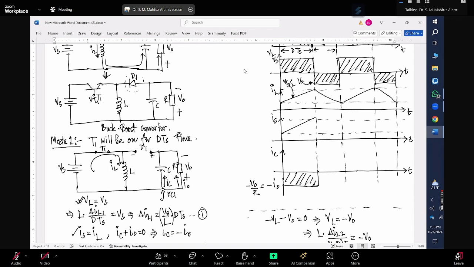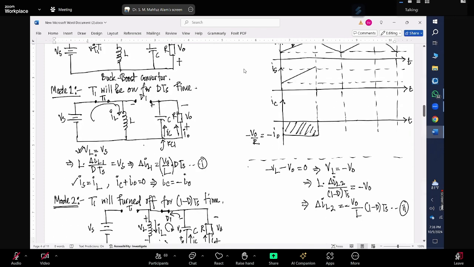Right? Any question regarding this waveform, inductor voltage and inductor current? Sir, I couldn't hear the last thing you said. Can you repeat it again? I said the inductor current change has a negative slope, right? Yes, sir.